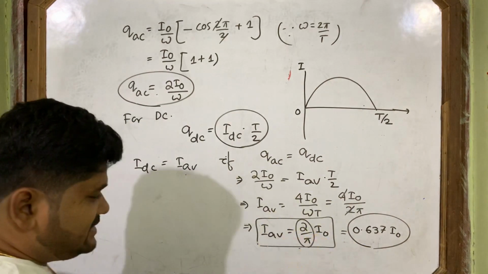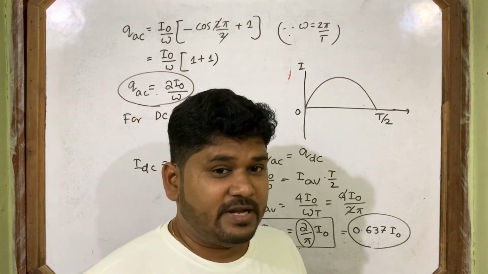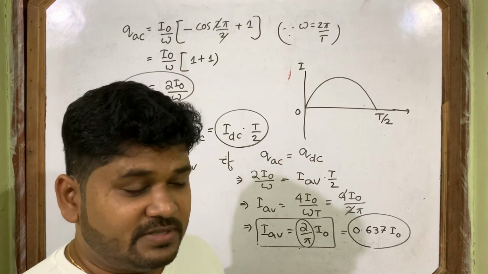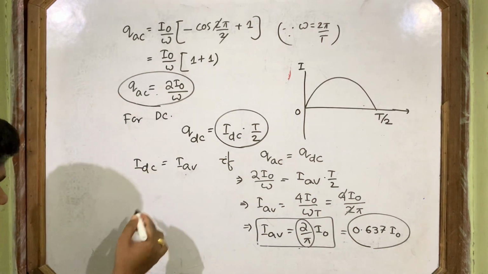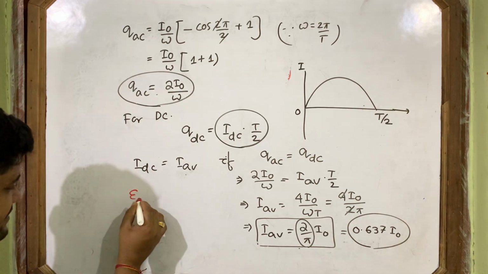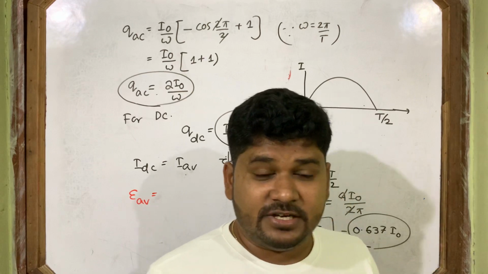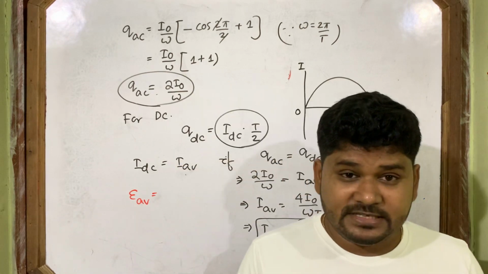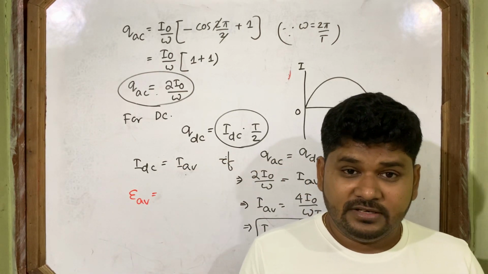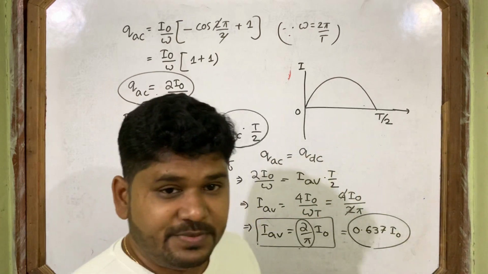The same relation I wrote here for current is also applicable for voltage. Alternating current means current changes continuously, and voltage also changes continuously and its direction changes periodically.